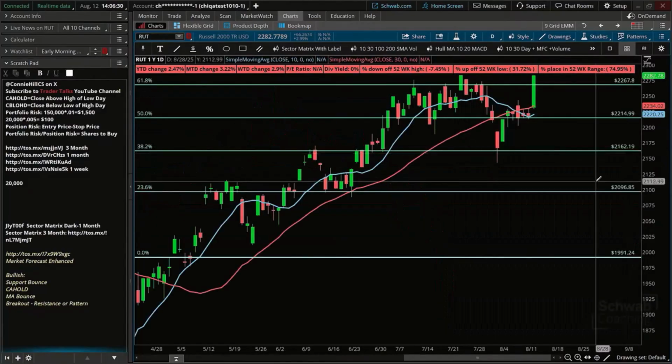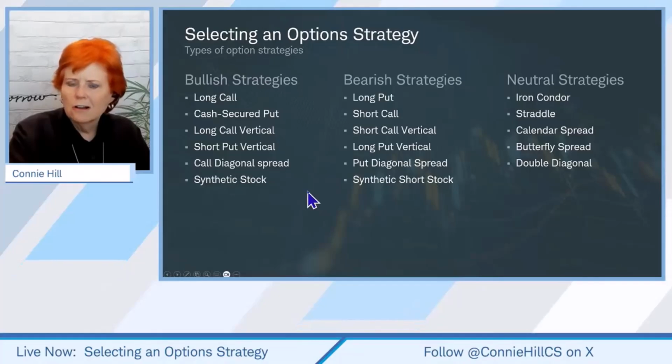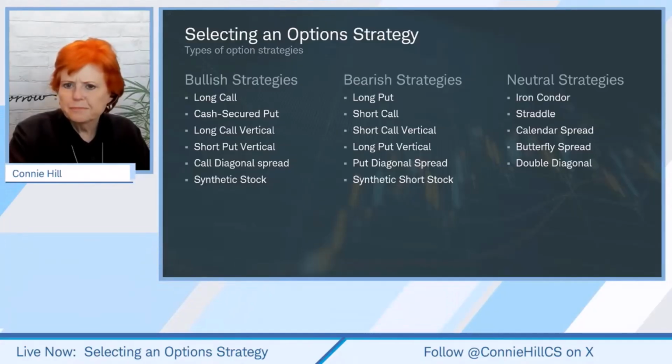Okay, so would you say you've got your bullish hat on, probably looking for more bullish opportunities than bearish? There will be bearish opportunities, and we'll explore that in some of our classes, but today we're probably going to stick to the bullish side of things. Here are the strategies we might target if we were looking bullishly: long calls, cash secured puts, long call vertical, short put vertical, long call diagonal spread, and a synthetic stock.